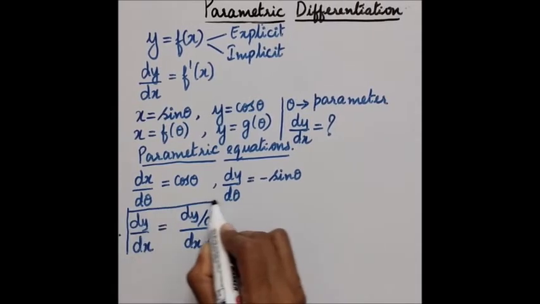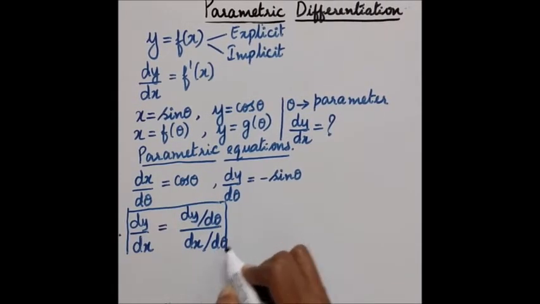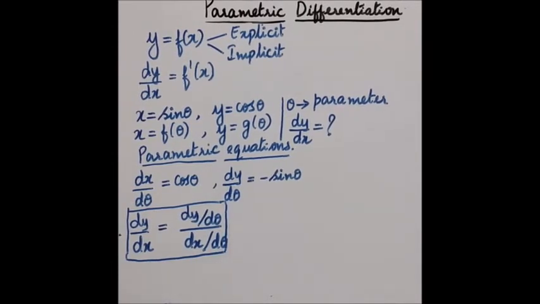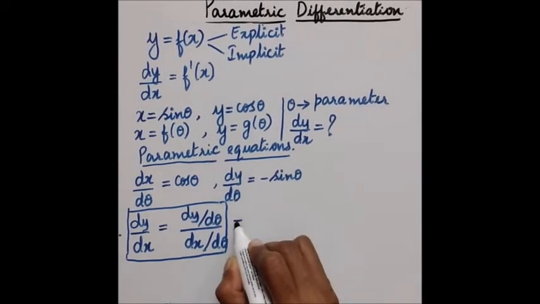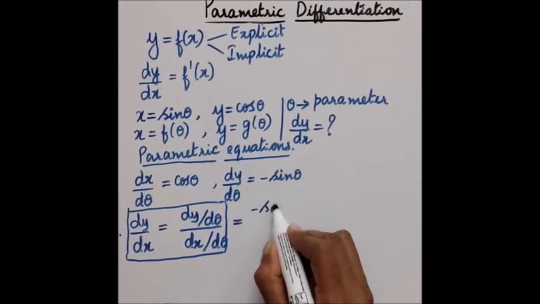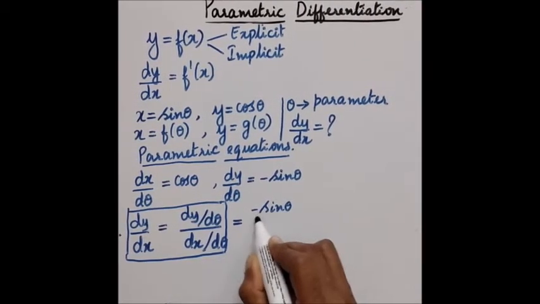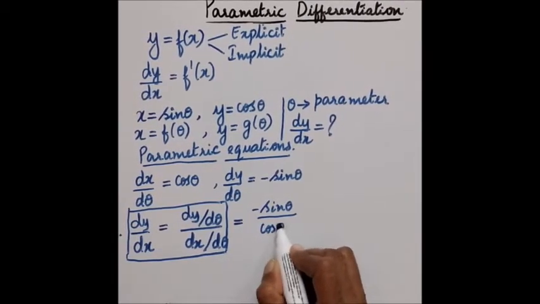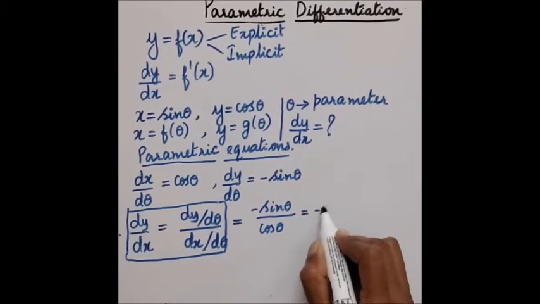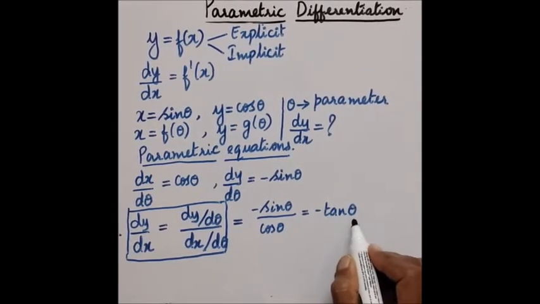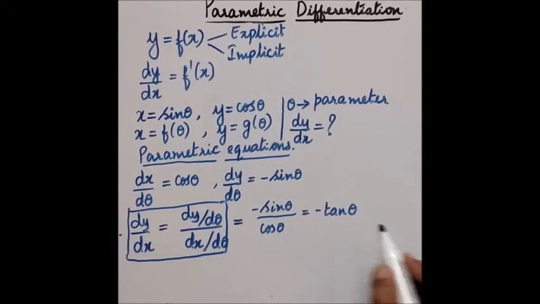For the given example, dy by d theta is minus sine theta and dx by d theta is cos theta, which is equal to minus tan theta, which is a function of the parameter theta.